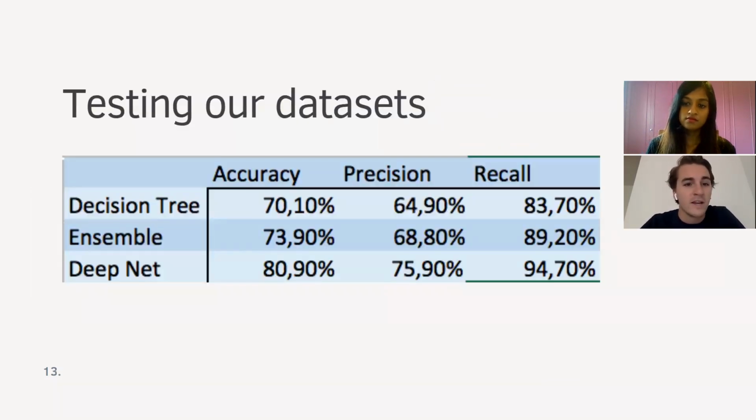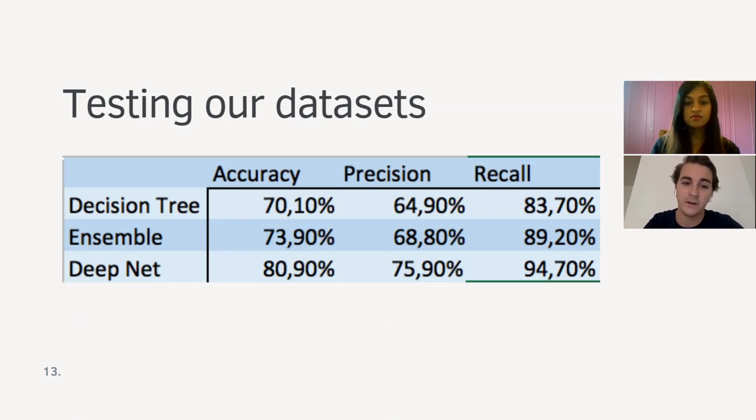If we then take a look at our results in the testing phase, with the decision tree, we got an accuracy of 70%, a precision of almost 65%, and a recall of 83.7%. When we combined multiple decision trees together with our ensemble, we got a slightly higher accuracy to 74% almost.